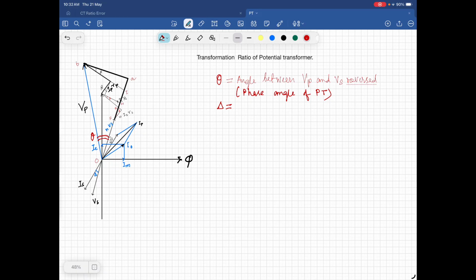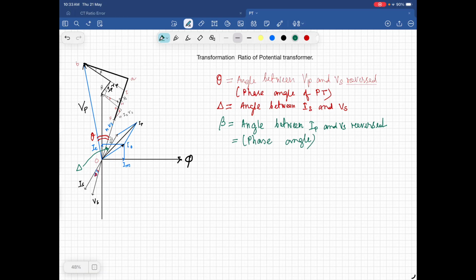And delta is the phase angle of the secondary load current, that is the angle between Vs and Is. And beta is the angle between the primary current Ip and Vs reversed.